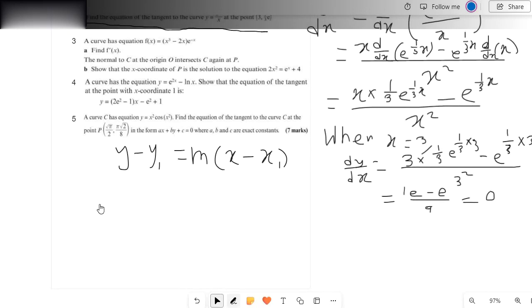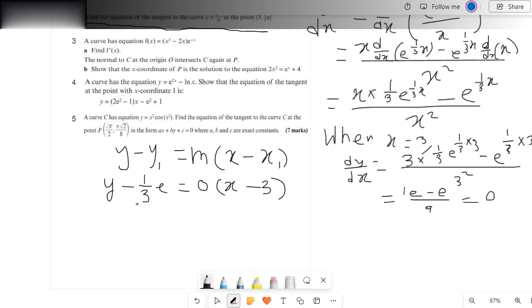So therefore the equation will be y minus y1, which is 1/3 e, equals gradient, which is 0, into x minus 3 according to the formula.